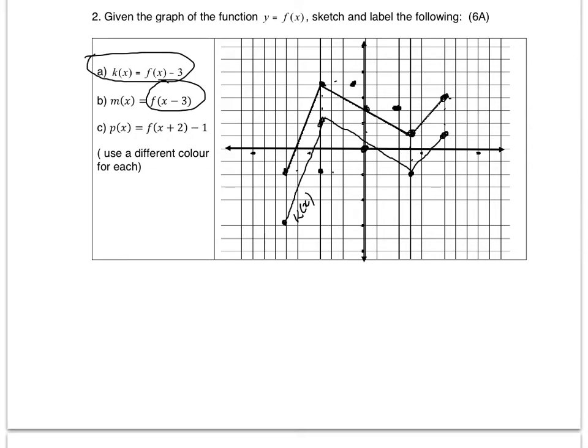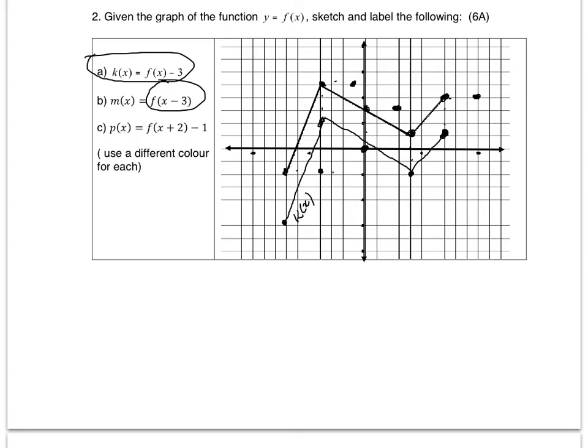Now I'm going to pick this point here, and I'm going to go 3 units right, which I'm going to end up here, the same place. And then I pick the last point here, and I'm going to go 3 points right, so I'm going to end up here. And then I'm going to connect the points together.